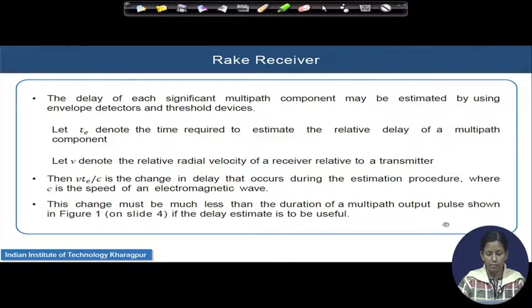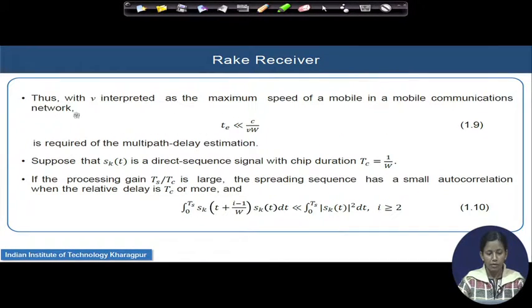It is like this. If we know V, interpreted as the maximum speed of the mobile in a mobile communication network, then the estimation time should always be less than or equal to c by V times W. This W is a parameter of your own choice.